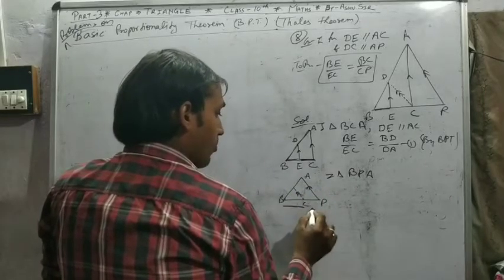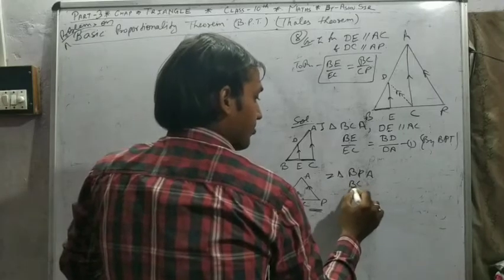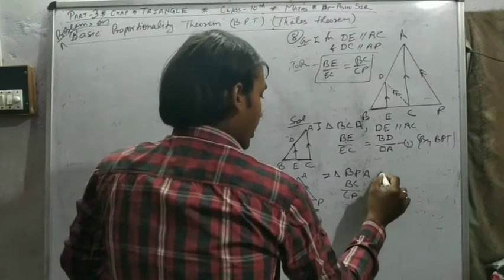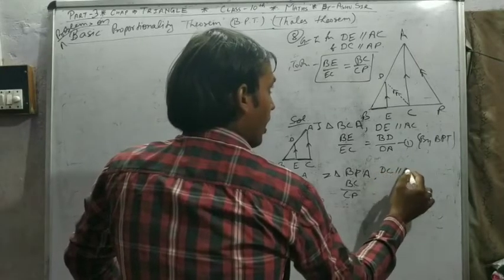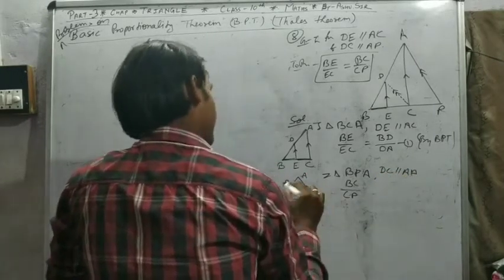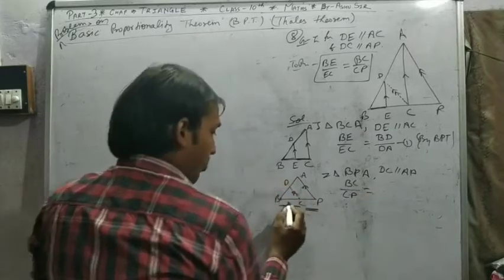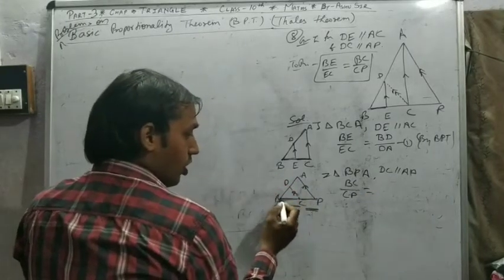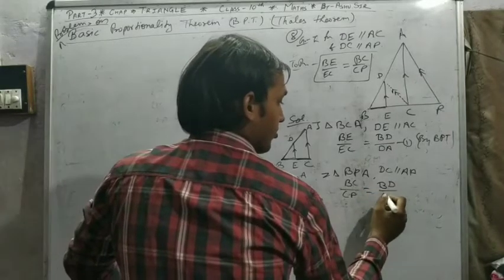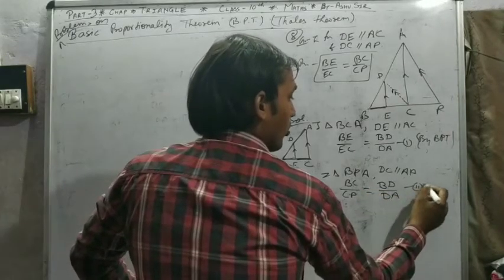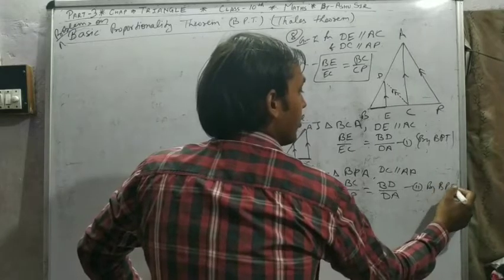So BC upon CP. Why? Because here DC parallel to AP. So BC upon CP, first upon whole. So here also first upon whole. Equation second by BPT.